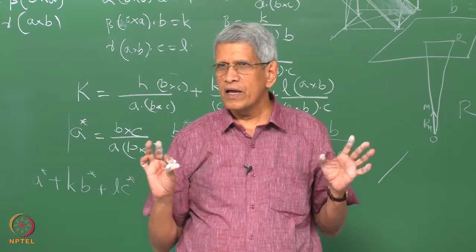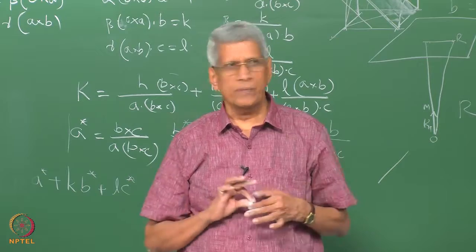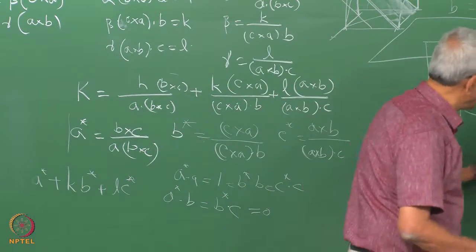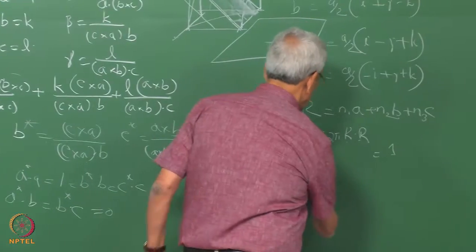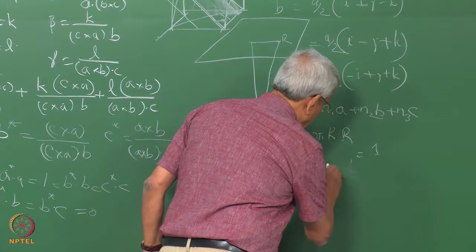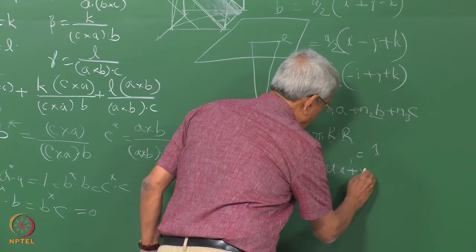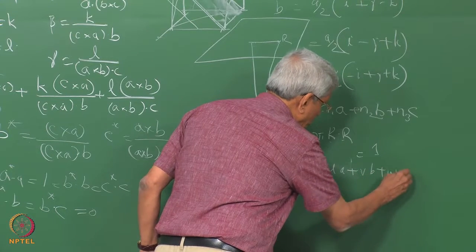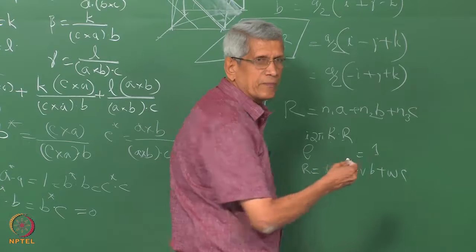Both are essentially equivalent. In fact, in this equation we normally write R equals U into A plus V into B plus W into C, correct? That is how it is represented.